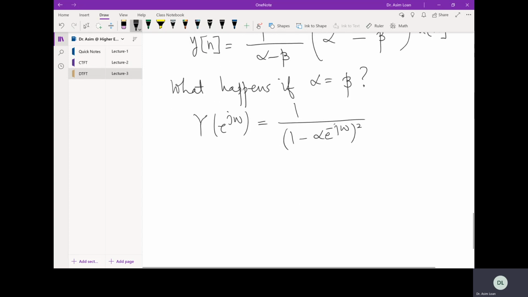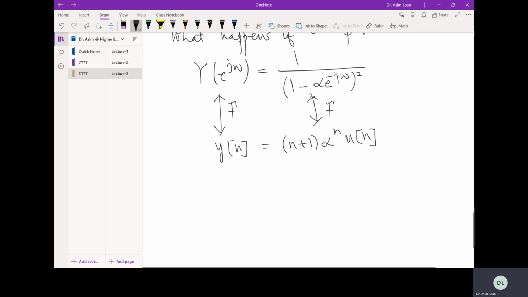And if I take the inverse Fourier transform, then from the previous lecture, using the differentiation property, y of n is simply (n plus 1) into alpha^n u of n. Okay, good.